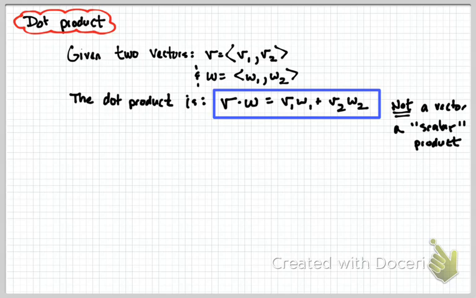The second thing you need to know is how to find the angle between two vectors.